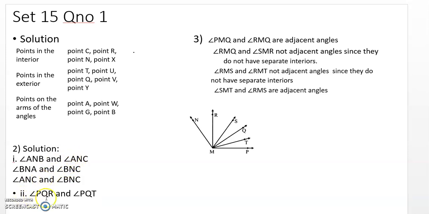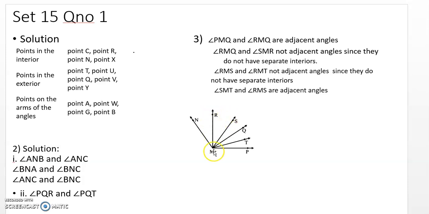And for the next, PQR and PQT, these are the adjacent angles. And here it is asked which are the adjacent angles and which are not. RMQ and SMR are not adjacent because they do not have a separate interior. For that reason they are not adjacent.